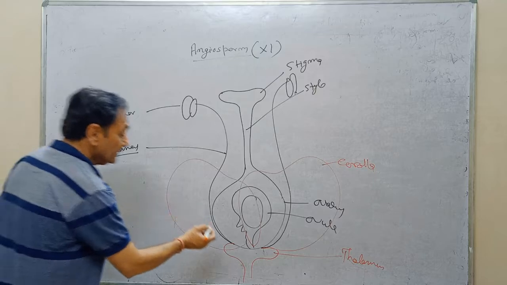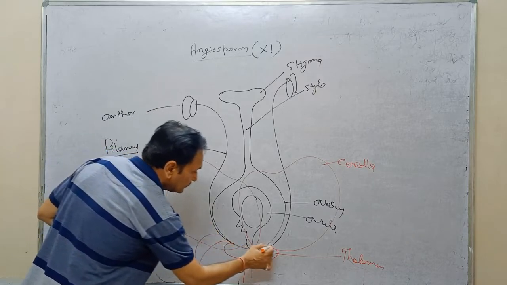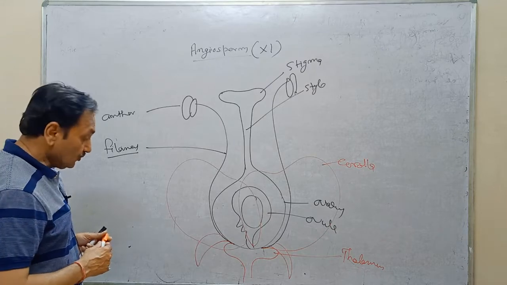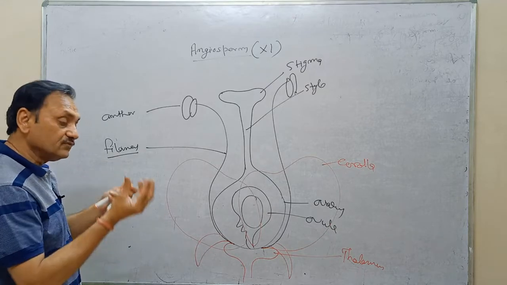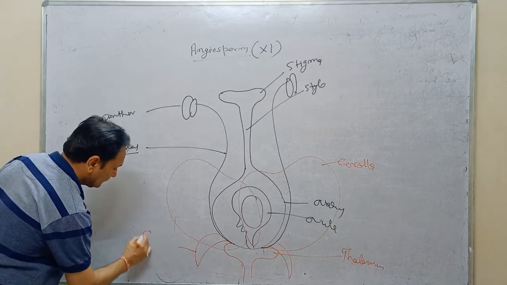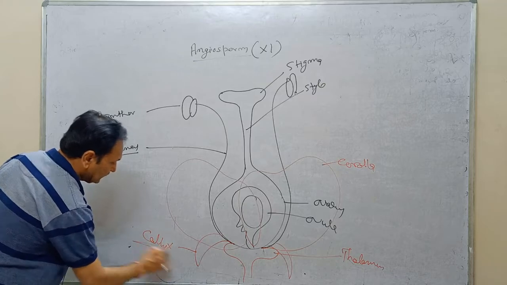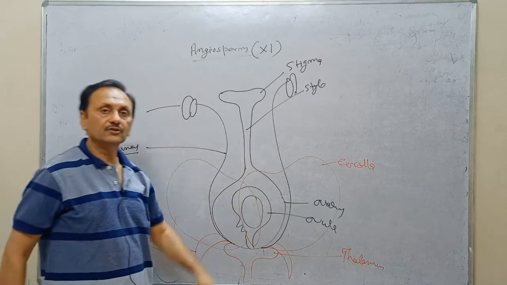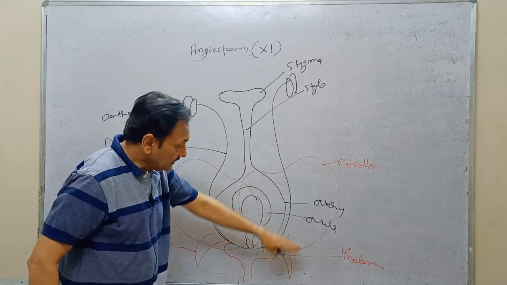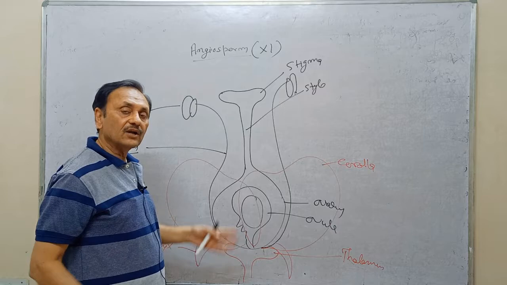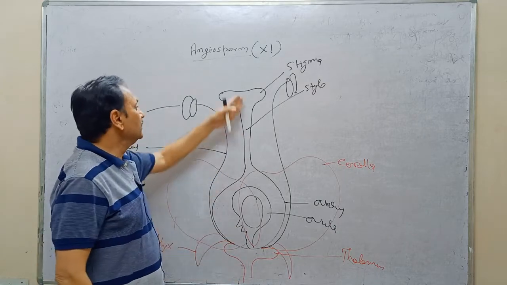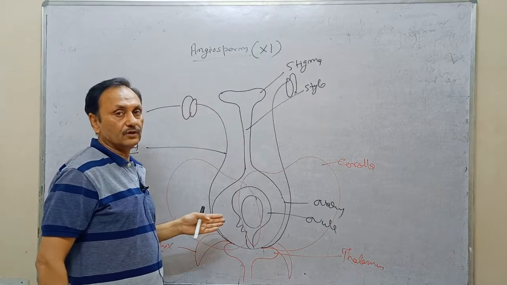And in addition to that, certain small green colored leaf-like structures are also present, which are the protective device for the bud, mainly called calyx. Calyx is also called sepal, and this is called petal. So this corolla and calyx are called the accessory parts because they are not directly involved in the reproduction, but they assist in the reproduction.